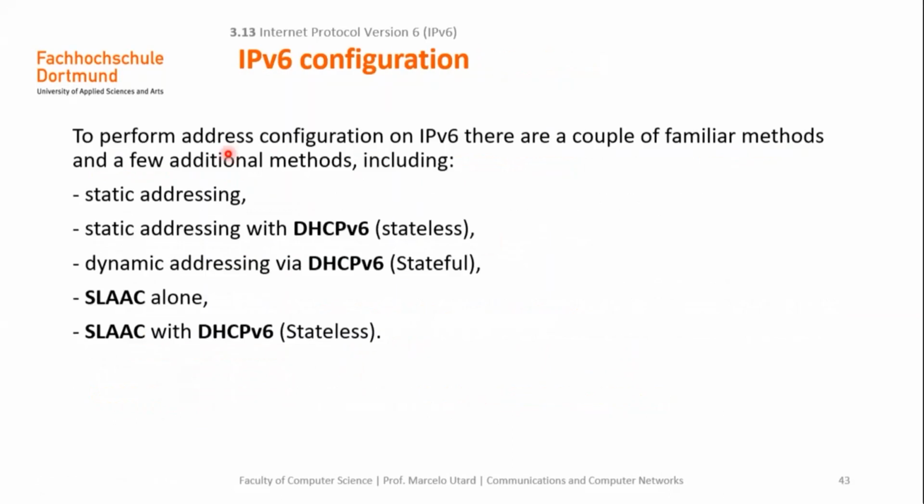Then, to perform address configuration on IP version 6, there are a couple of familiar methods and a few additional methods, including static addressing, which is similar to the method applied in IP version 4. Dynamic addressing using DHCP version 6, that is what is called the stateful configuration, is similar to the dynamic addressing using DHCP version 4 in IP version 4.